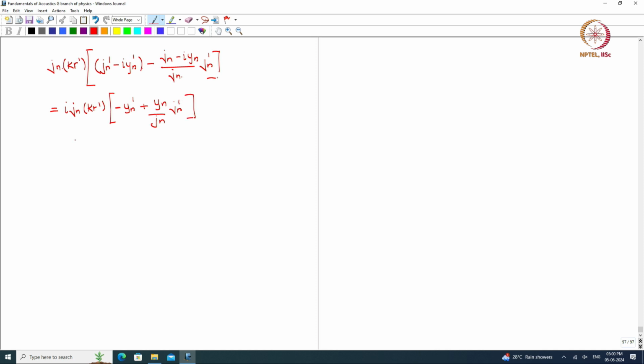Okay, and by now we know that minus Jn'(x) Yn(x) plus Yn'(x) Jn(x) gives me 1 over x squared. So I have the opposite of it, I have minus Jn Yn', so this is minus 1 over x squared, where x is ka.